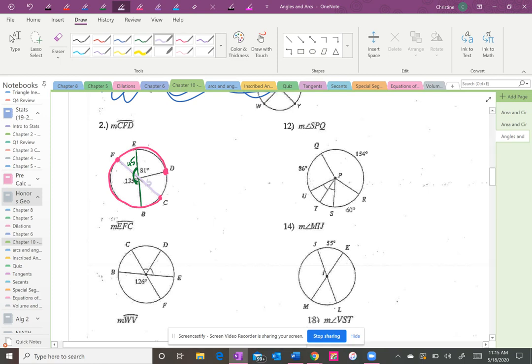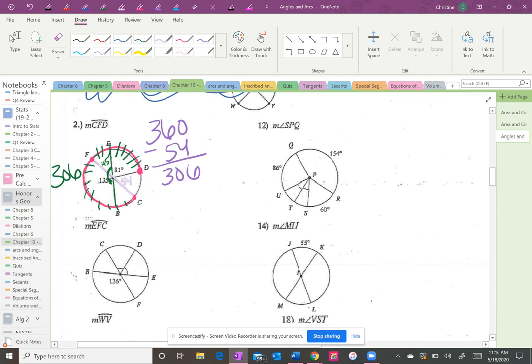So this is 54. So the measure of CFD is going to be either 360 minus 54, or you could have just added up all of these numbers, which would also give you 306.